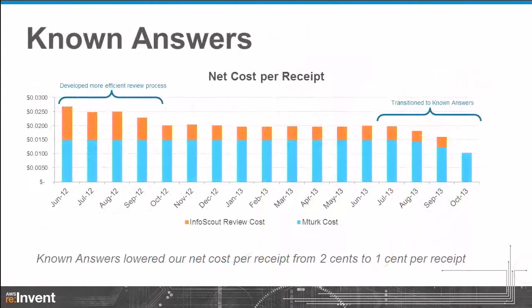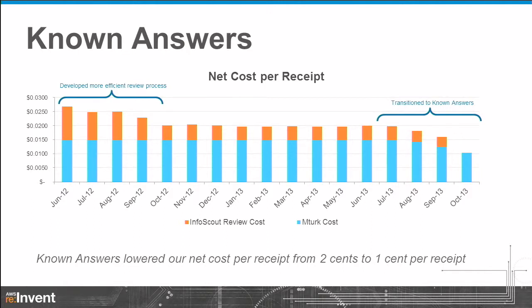So the implications of this: this shows our net cost per receipt for that summary transcription step. Early on when we launched, we were paying over 2.5 cents per receipt. The blue represents what we pay directly to Turk, and the orange represents our review costs on a per receipt level.